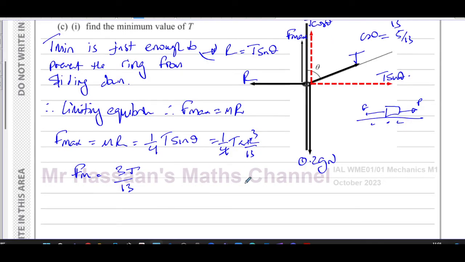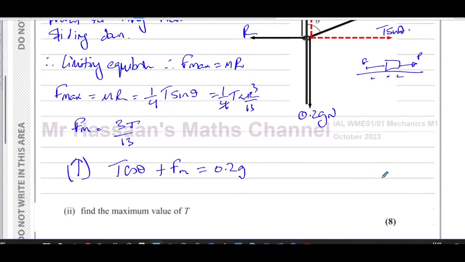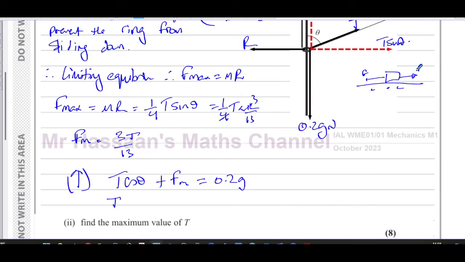Okay, so we know if we resolve vertically, we've got T cosine theta plus F max must equal 0.2 g. They must be balanced out. So T cosine alpha is going to be T times the cosine of alpha, which, as we deduced before, was 5 over 13.